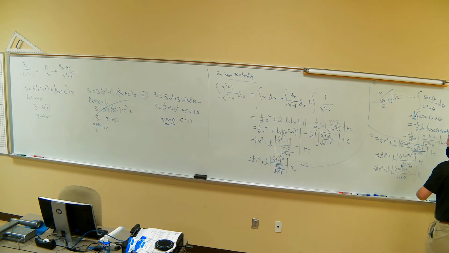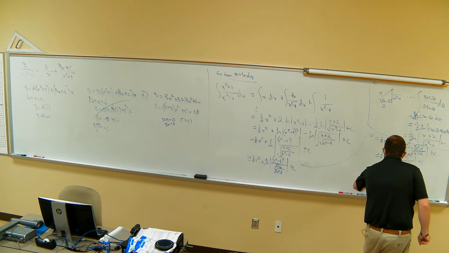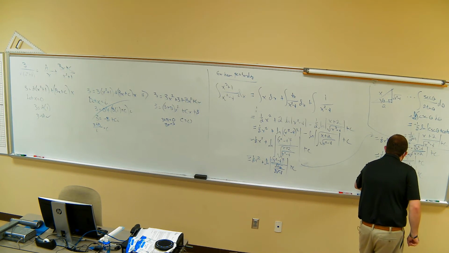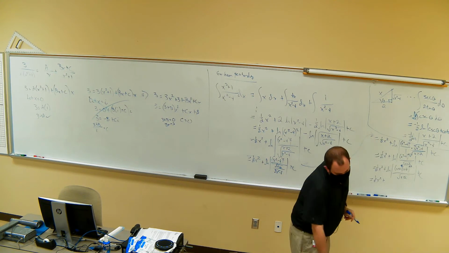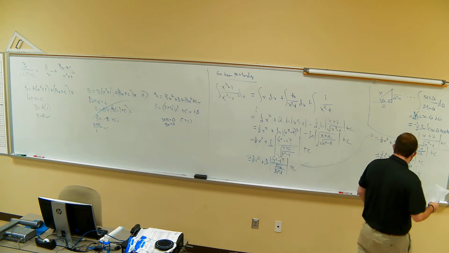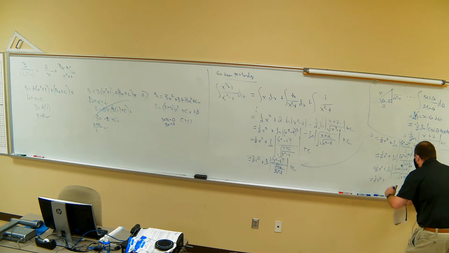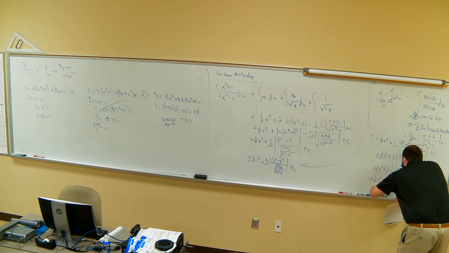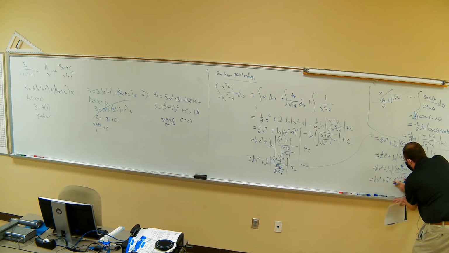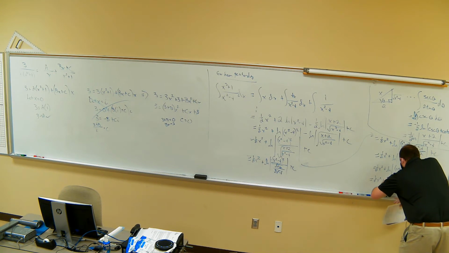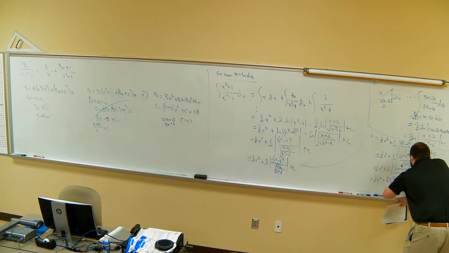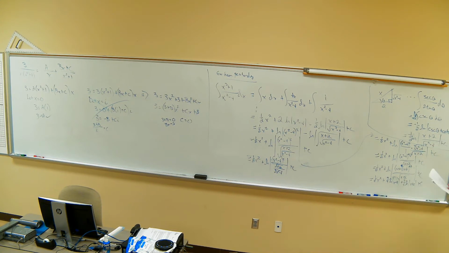So you finally end up with a final answer of 1/2 x squared plus, and I'm actually going to do a few steps at once here, so plus 9/4 natural log absolute value of x minus 2, plus 7/4 natural log absolute value x plus 2 plus c, once you do all of that.